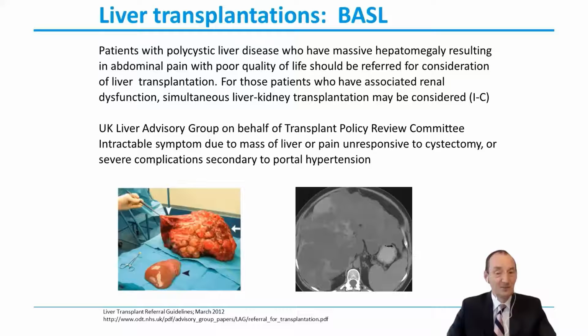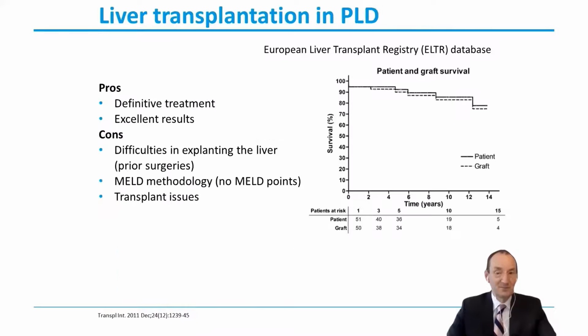And indeed, intractable symptoms due to mass of liver, or pain unresponsive to cystectomy, or severe complications secondary to portal hypertension may be candidates for transplantation. Well, if you select these patients, you will find that they will fare very well. It's a definitive treatment and gives excellent results in terms of patient and graft survival.